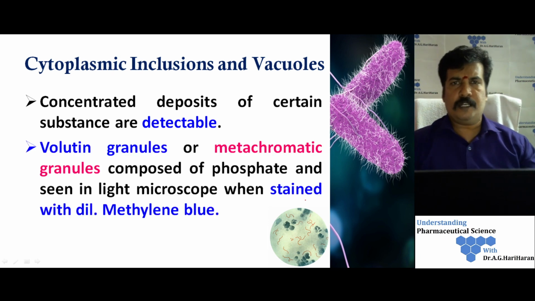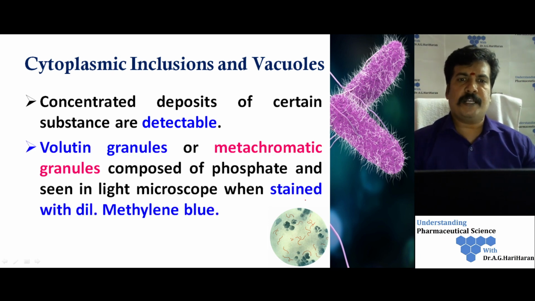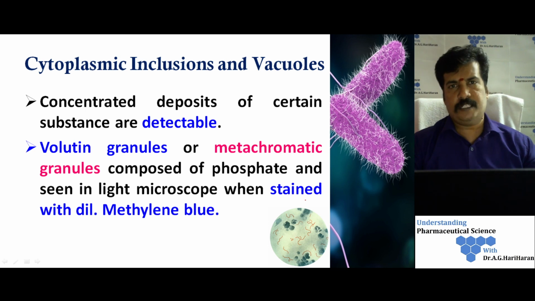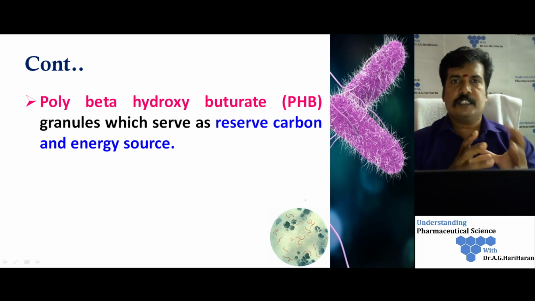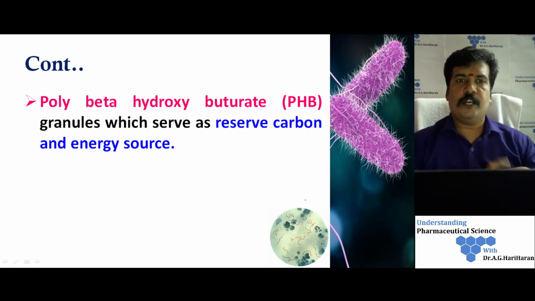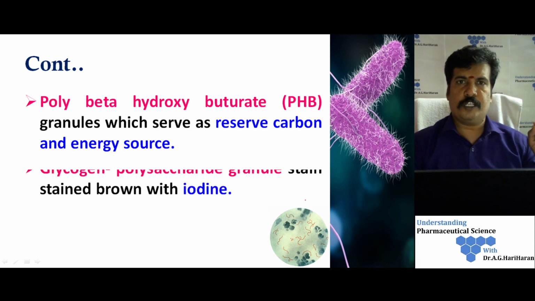One major type is the metachromatic granules, also called volutin granules, which store phosphates. They can be easily identified with a light microscope once stained with dilute methylene blue. Similarly, carbon is stored in the form of PHB granules, that is polybeta hydroxybutyrate granules.